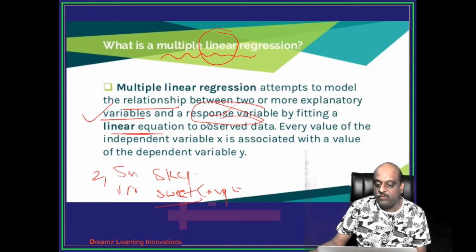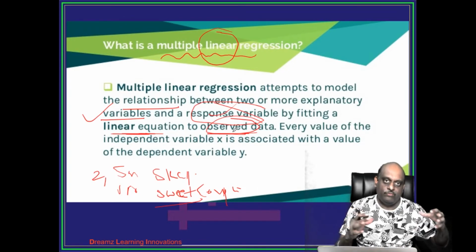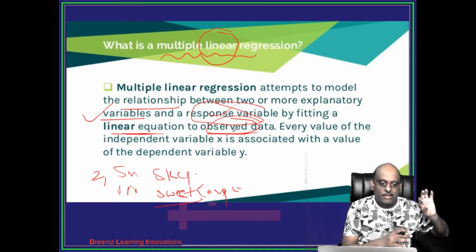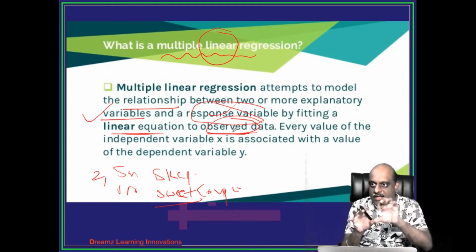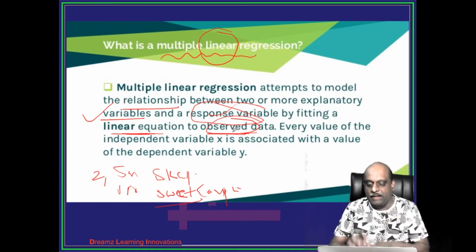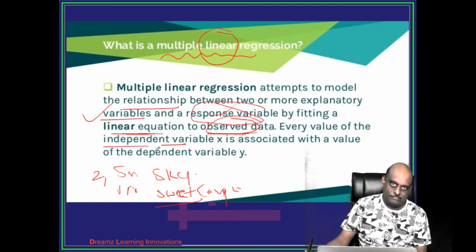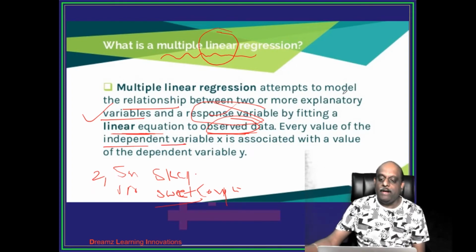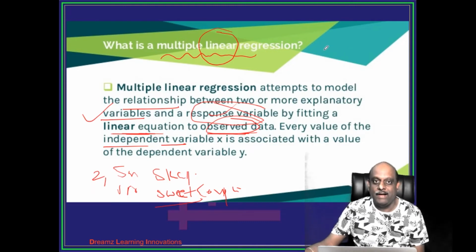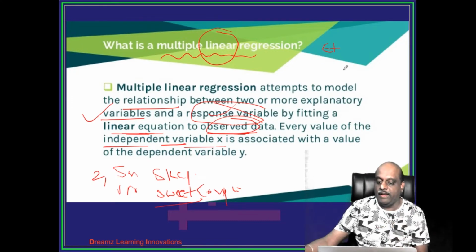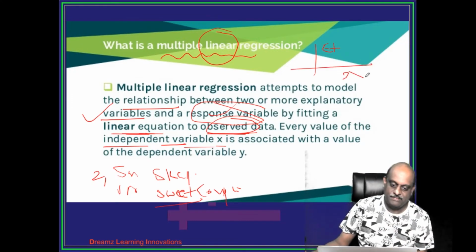And there is one observed data. You found about 10 successful people, or 10 healthy people, and these 5 or 6 explanatory variables on them. So every value of the independent variable, the etiological factor such as smoking, sleep and all that, is plotted on the x-axis.